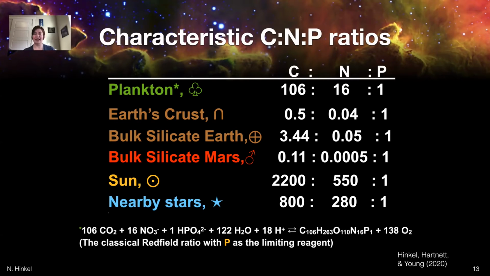Earth and Mars ratios indicate that they are fairly nitrogen poor and phosphorus rich relative to the sun and to Hypatia stars. One hypothesis is that nitrogen, especially since it's a volatile element, is preferentially segregated towards gas giants, while phosphorus, which is more of a siderophile, or tends to love iron or be attracted to iron, is thought to be condensed into the cores of rocky planets.